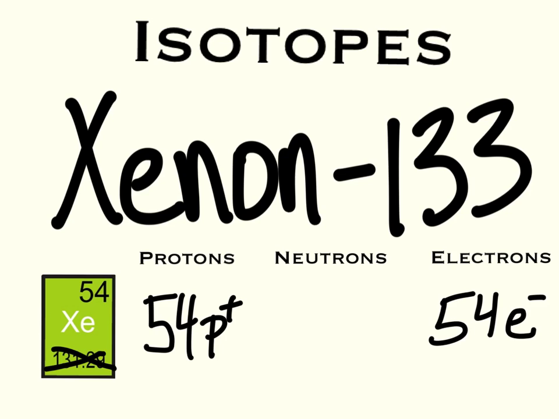So 54 protons, I need a total of 133 protons and neutrons. Doing that math, 133 minus 54 would give me 79 neutrons. So you can see here, this is one of those bigger elements, so we have more neutrons than we do protons, which is just, again, that generality that we spoke of.